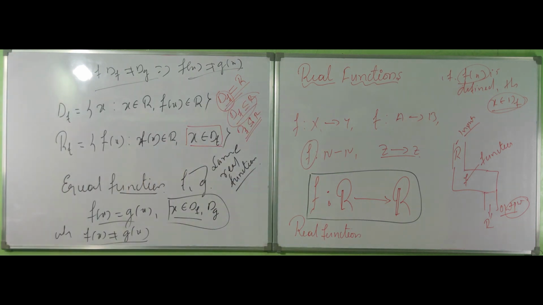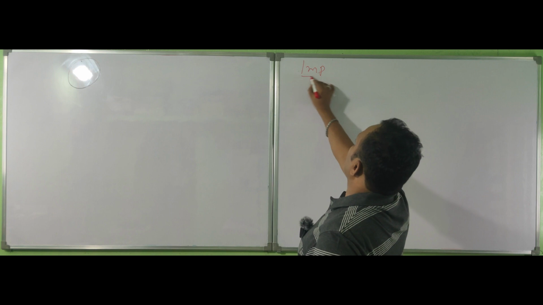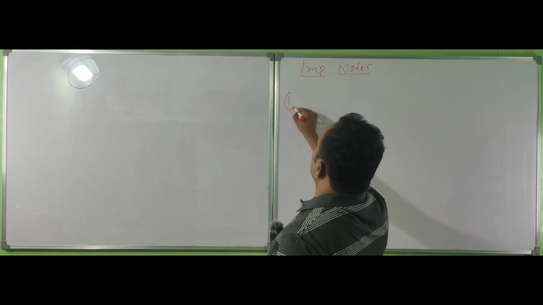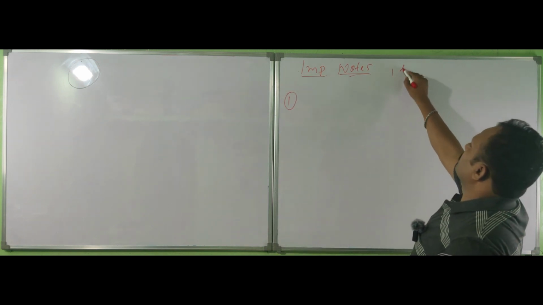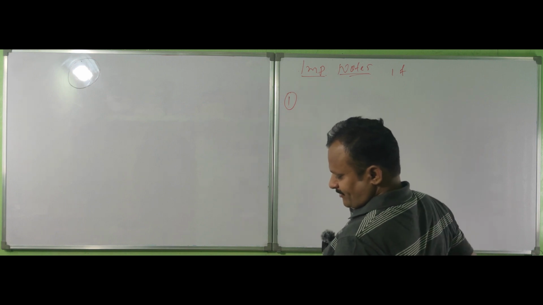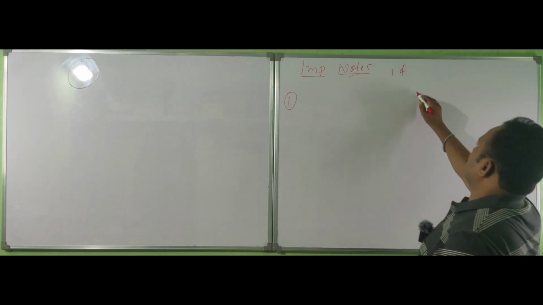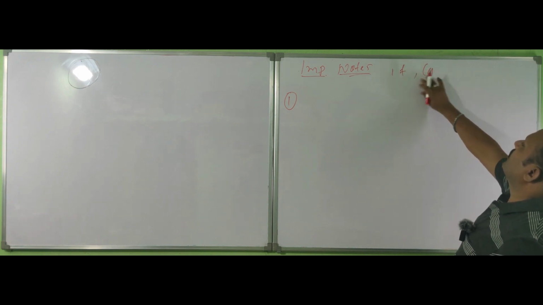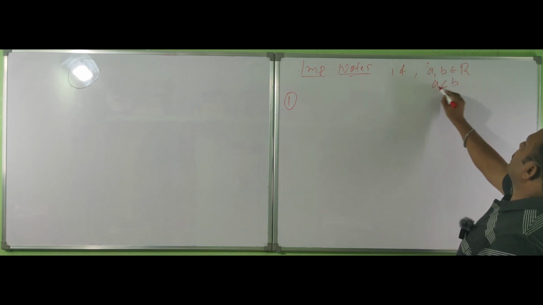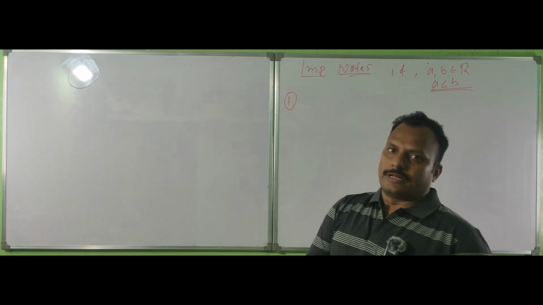These are very important formulas for the examples, you can call them notes. First, the condition: A and B belong to R and A is less than B. Some derivations follow.